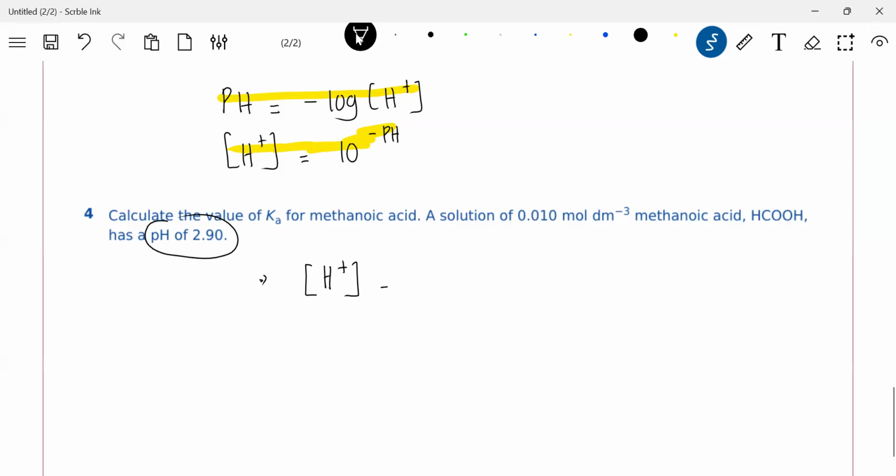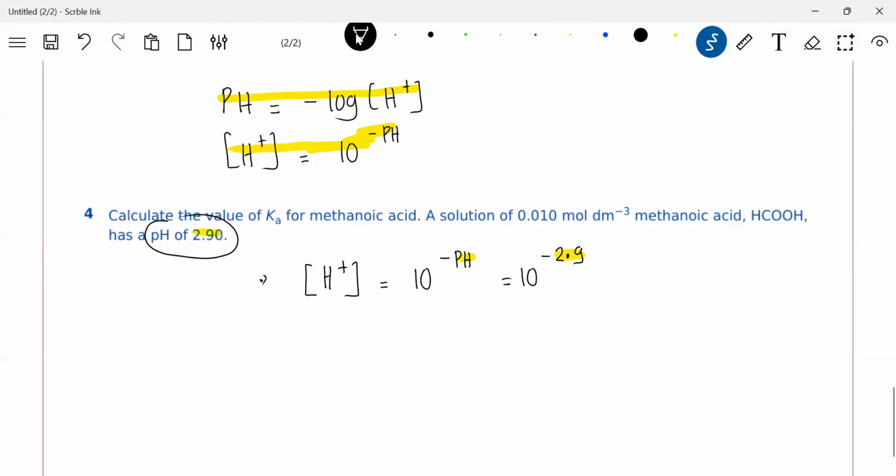The concentration of H plus is 10 to the power of negative pH, equals 10 to the power of negative 2.9, because the pH is 2.9. Understand, Diva? Any questions? No? Okay, I will continue.